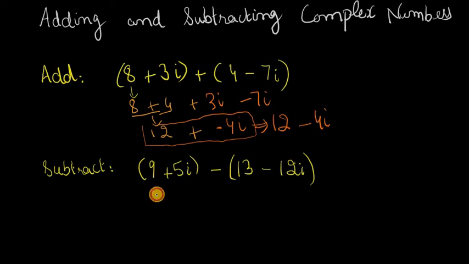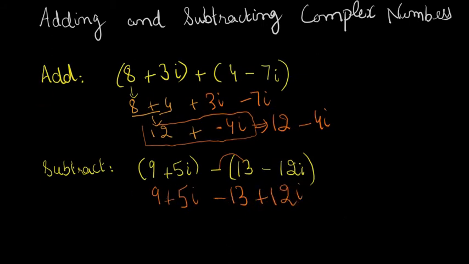So it's going to be 9 plus 5i, and then we have a negative here, so that negative sign is going to distribute into the parentheses. Or another way to think about it is that you have a negative 1 here, which is going to multiply with both of these numbers. So a negative 1 times a 13 would give me a negative 13, and then a negative 1 times a negative 12i would give me a plus 12i.